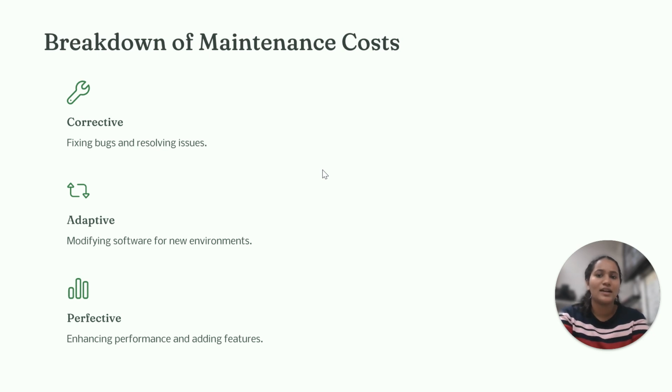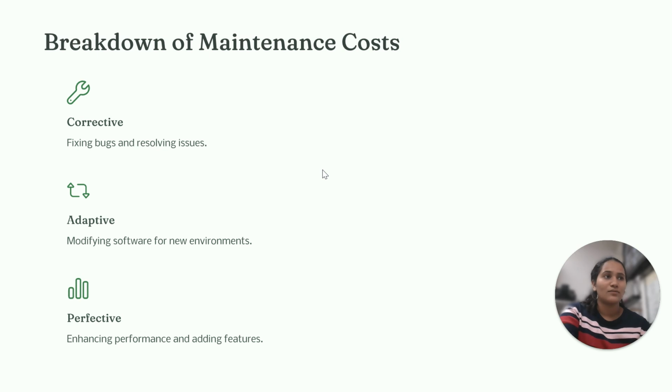These defects may range from minor glitches to faults affecting significant functionality. So, this maintenance cost arises after the project is delivered to the customer, for the faults and bugs which are required to be corrected. So, for correcting them, the cost which is required is corrective.